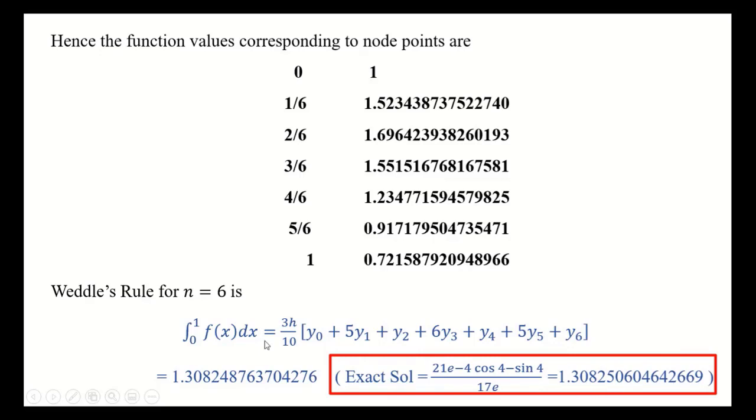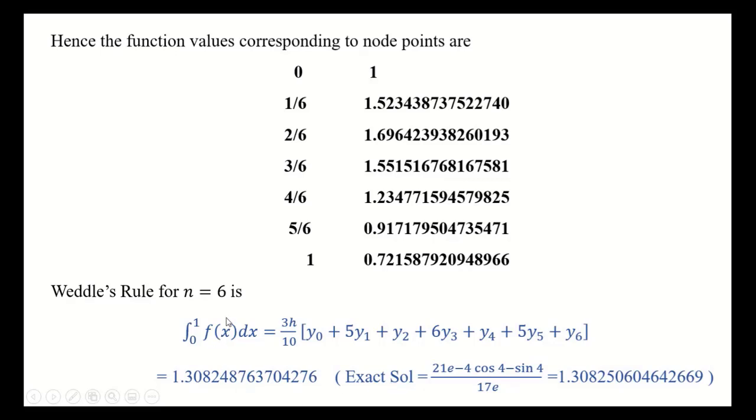So you can see that the solution is accurate up to 4 decimal places. So it is a good accuracy just for n is equal to 6. If we increase the number of subintervals to n is equal to 12 and then n is equal to 18, obviously we will get a more accurate result with the help of Weddle's rule.